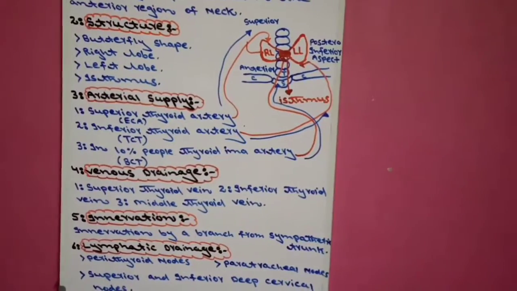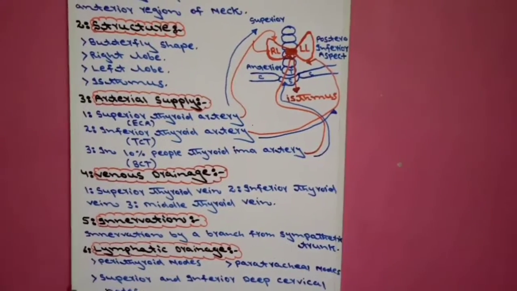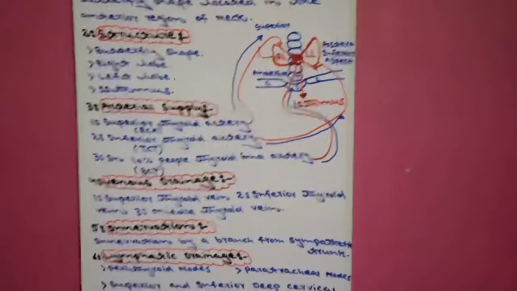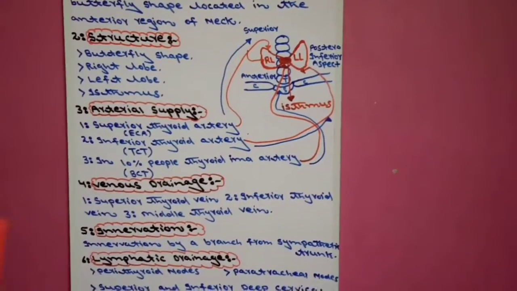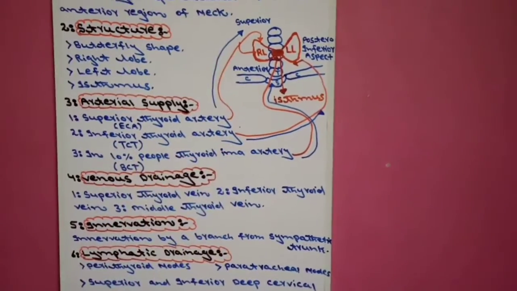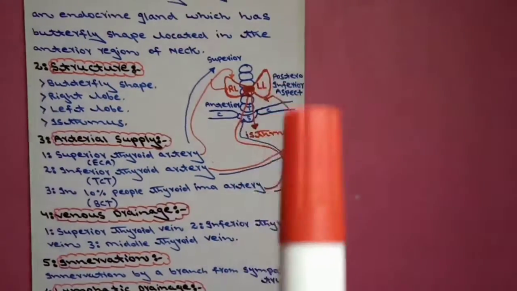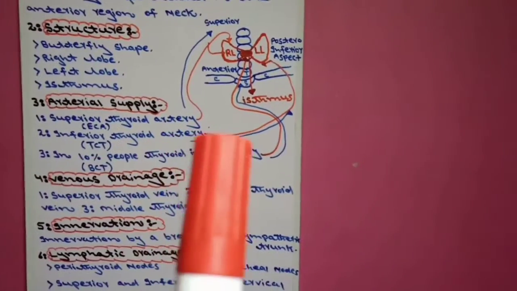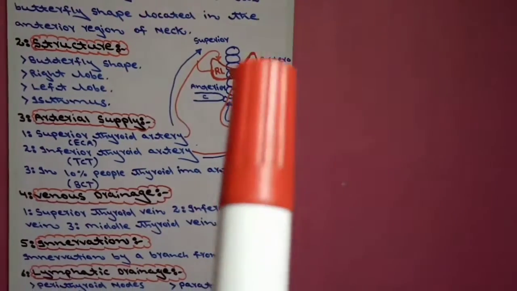It not only supplies the inferior region, but also the posterior region of thyroid gland. Like superior thyroid artery supplies superior and anterior region, inferior thyroid artery supplies inferior plus posterior region, meaning posterior inferior aspect. This is the inferior thyroid artery which supplies the inferior and posterior region of thyroid gland.